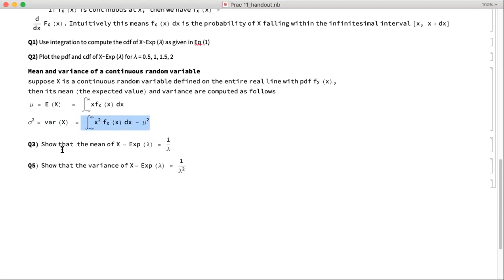Then could you try question 3 and question 4? Sorry, that should be question 4 for next week. You have to show that the mean of the exponential is 1 over lambda and the variance is 1 over lambda squared. You might need integration by parts here.